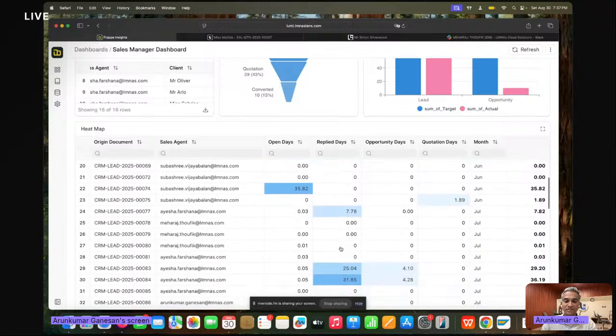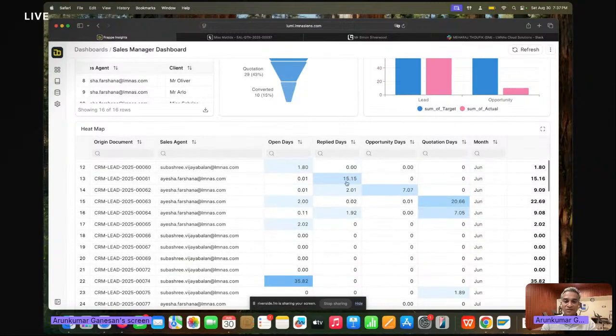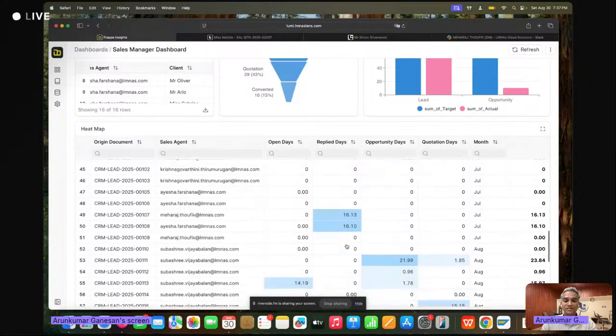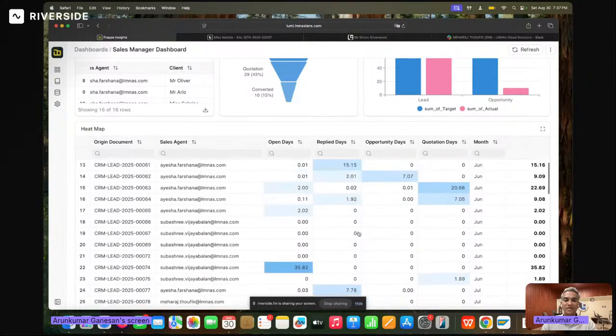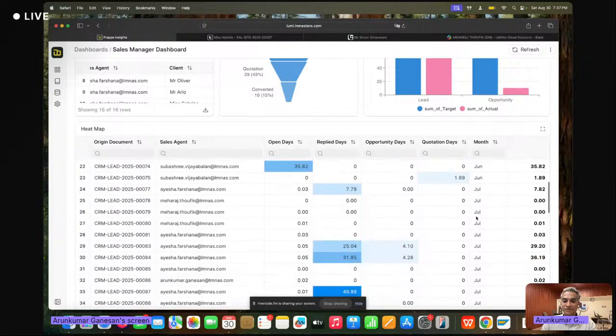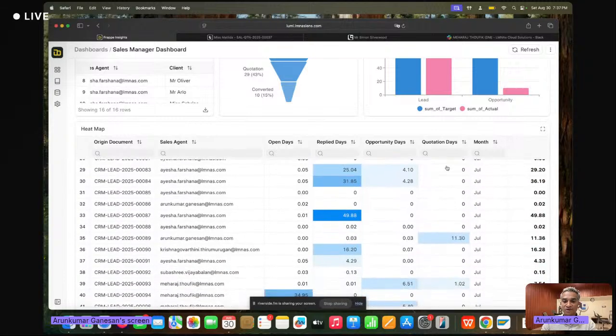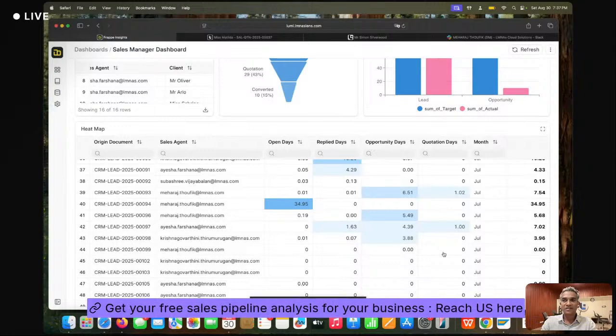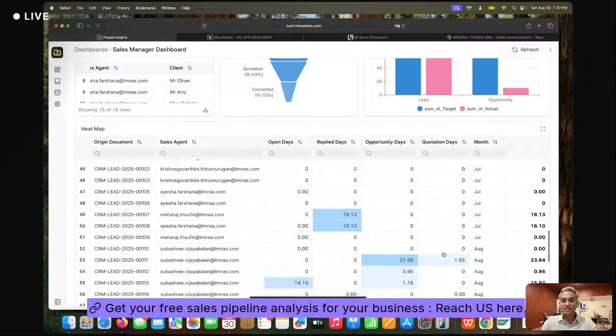There could be a number of reasons, but only when we have solid data can we root cause why this is happening and why this is not happening, right? Similarly, on different stages. So if you see a lot of blue in a particular stage, then you have to figure it out and understand. Maybe you can conduct a meeting with the sales team and understand what their problems are, right?